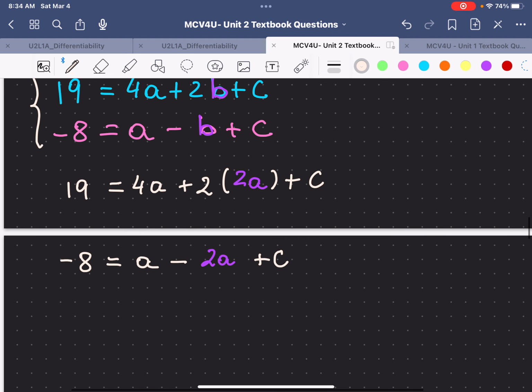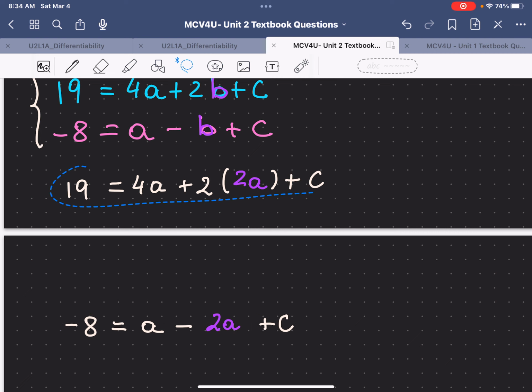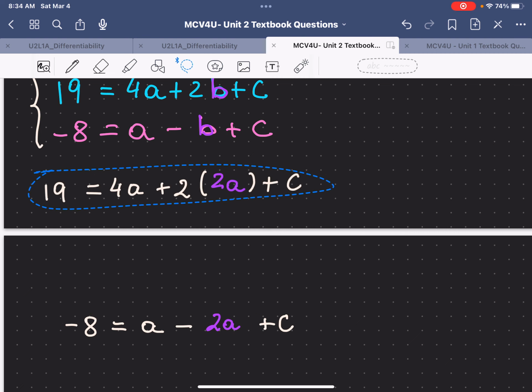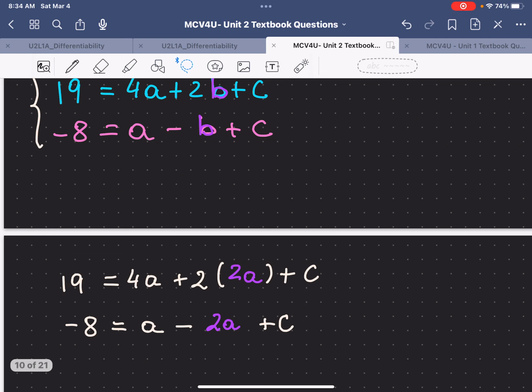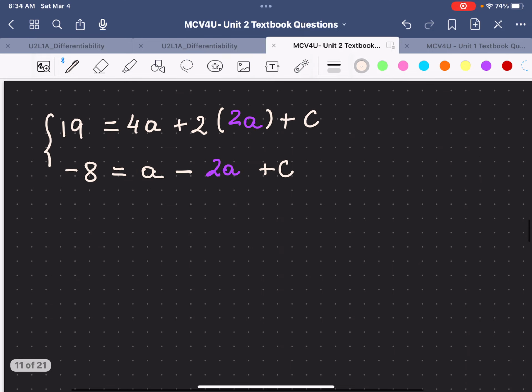So let's bring them together. All right, so here is our system. And as you can see, we have created a system of two equations with only two variables, a and c.